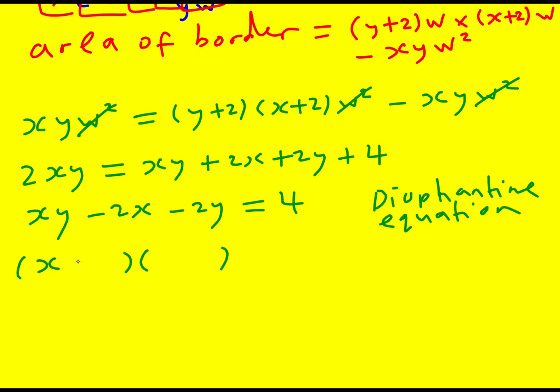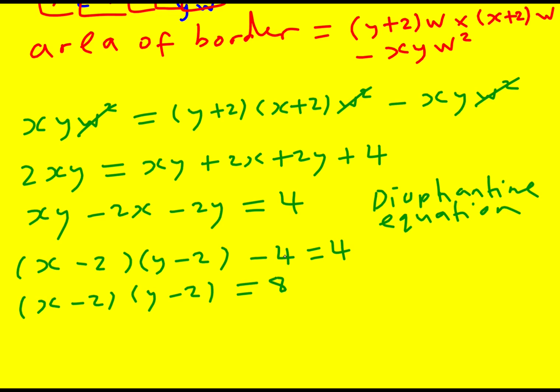But actually, now I want x minus 2 and y minus 2 because that will give me this thing on the left-hand side. Because of course now I've got this extra term that I've had to incorporate. So I get xy minus 2x minus 2y, but I get a plus 4 in there as well. So I need to minus 4 to compensate. And I get x minus 2, y minus 2 is equal to 8.